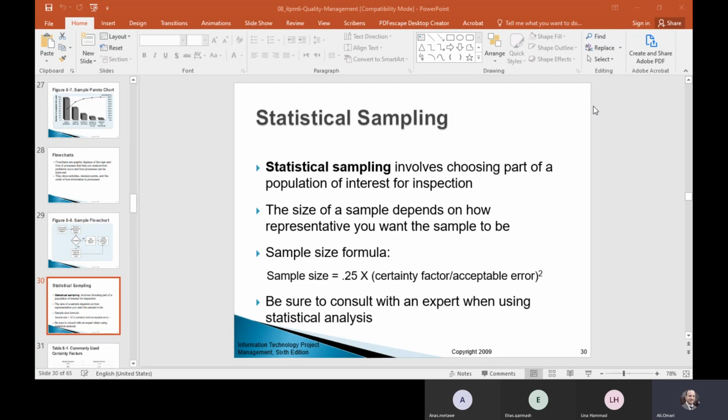At least 1 or 2 members must have a strong statistical understanding, but other project team members may need only the basic concepts. The concepts of statistical sampling, certainty factor, standard deviation, and variability, which I will explain in a minute, are all important aspects to understand.